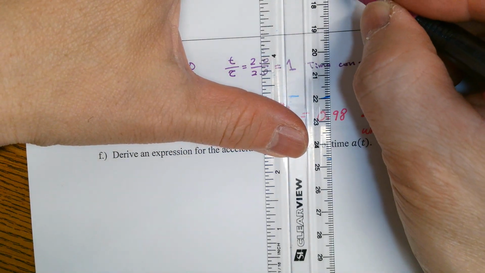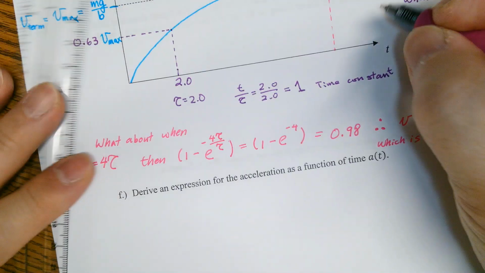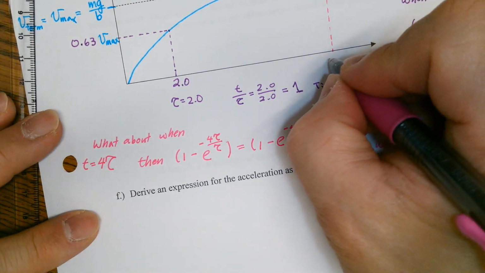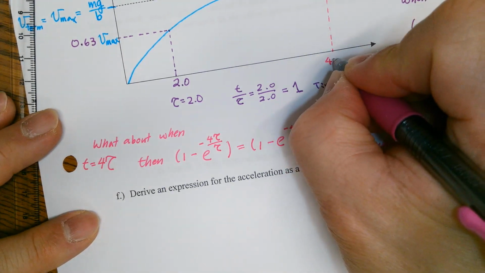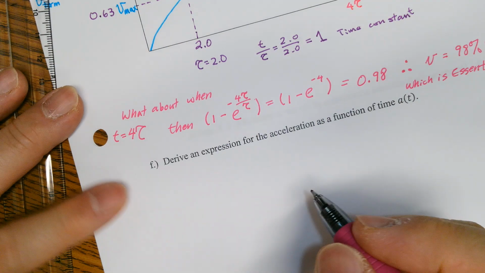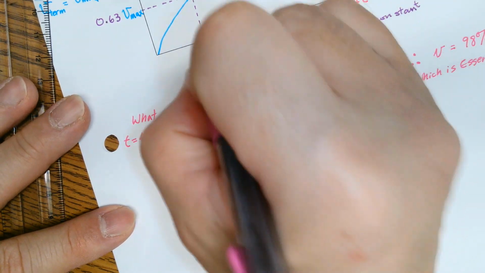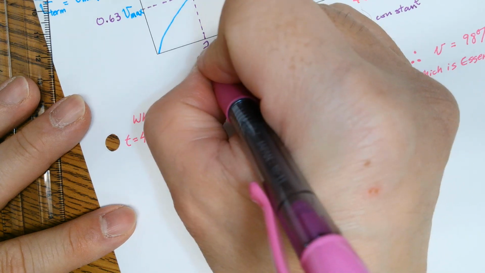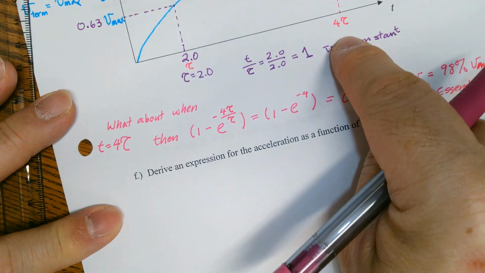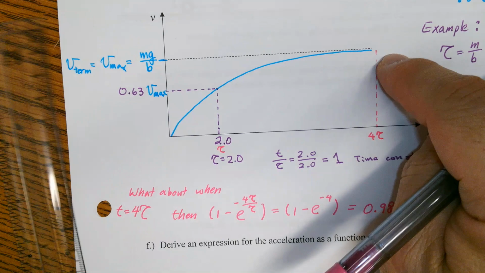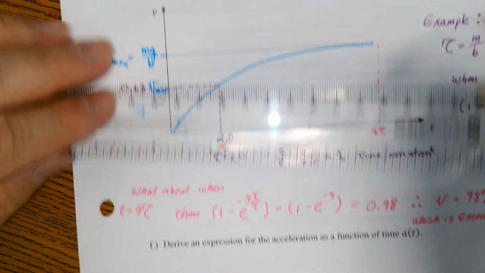I'm not going to even do it, but this will be t equal to 1 tau. Here's 4 tau, and this will be like 98%.